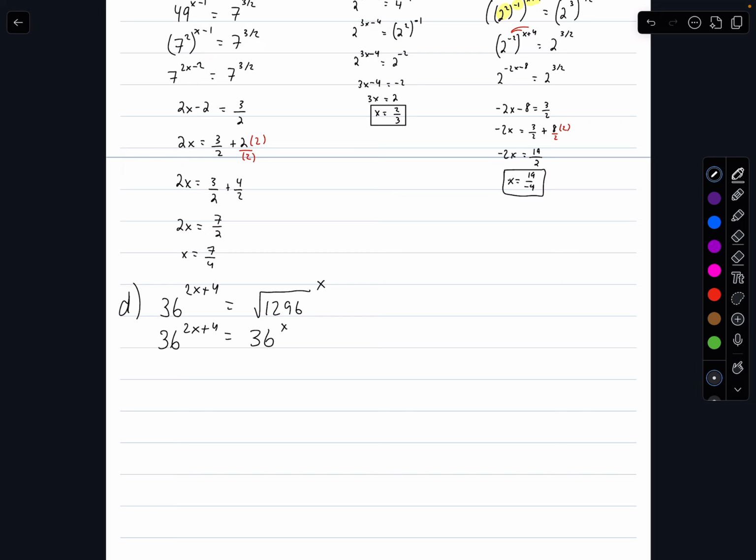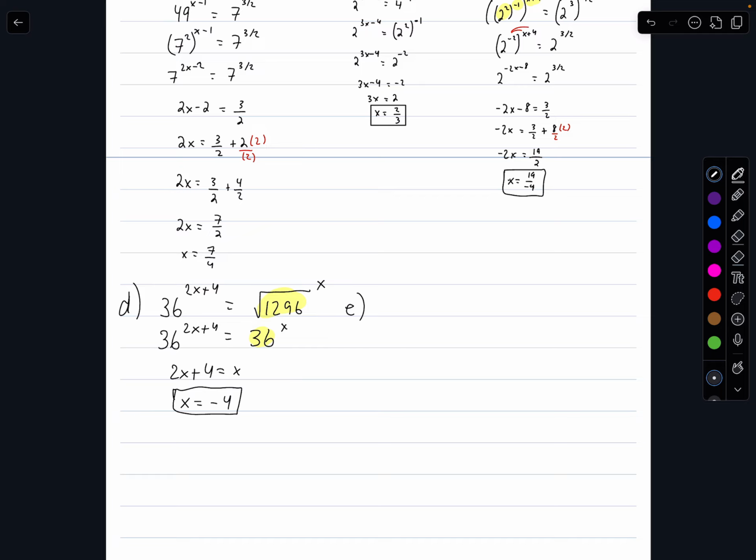So that actually worked out in our favor pretty well. Because now that we have the same base, I can just say 2x plus 4 equals x. And then I can say x is equal to negative 4. Because I brought the x over and then I brought the 4 to the other side. So that one wasn't too bad.